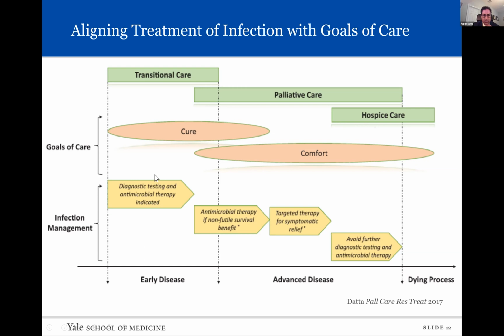Early on, during the early stages of disease, where goals of care for the patients and caregivers focus on cure, clearly diagnostic testing, including invasive diagnostic testing, and antimicrobial therapy are indicated. However, as goals of care transition to comfort and palliative care is offered, we propose that antimicrobial therapy be considered only if there is a non-futile survival benefit, if there's a transitional period between cure and comfort, or in conditions where there's clear or strong evidence for symptomatic relief.